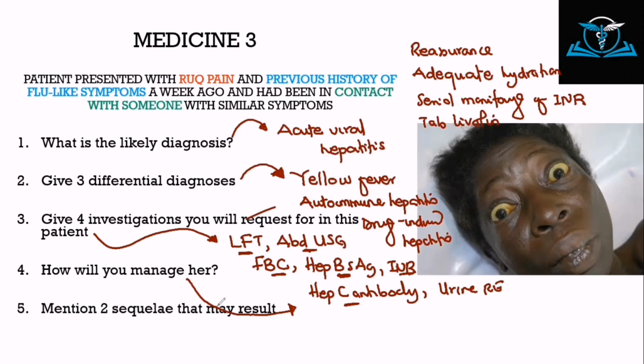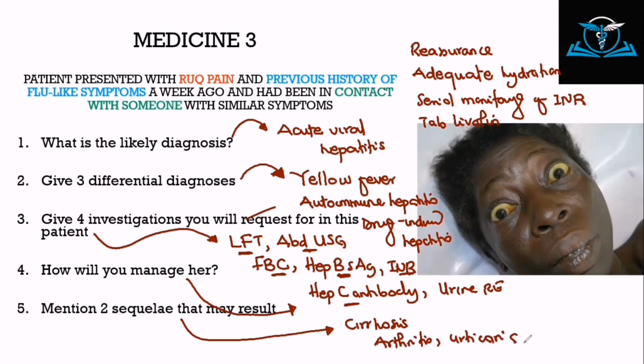Mention 2 sequelae that may result. Yes, what may result? Chronic liver disease. Okay, so cirrhosis may result. What else? You can have extrahepatic manifestations, especially when it is Hep B. So they can have arthritis, they can have urticaria.